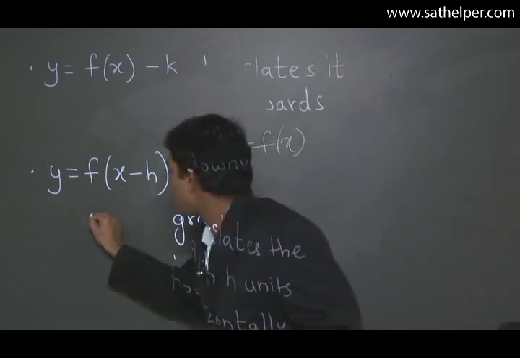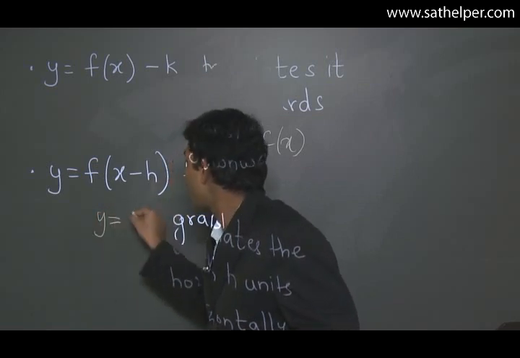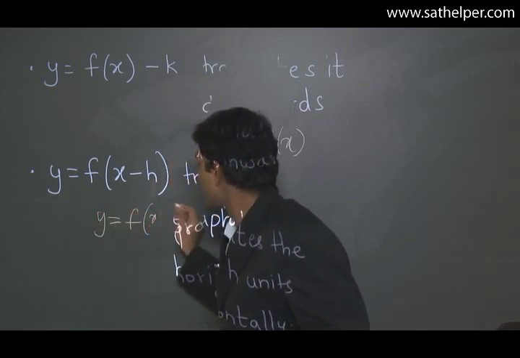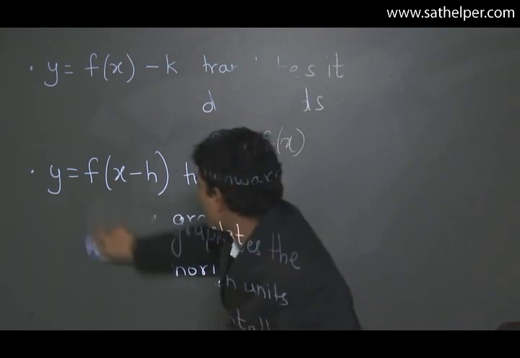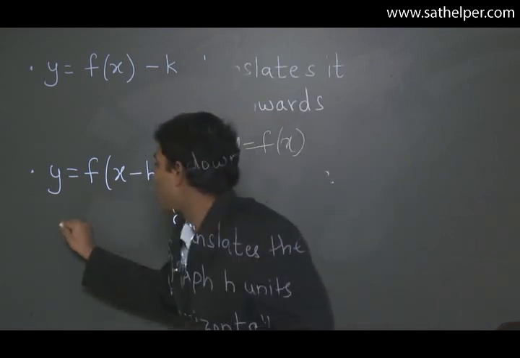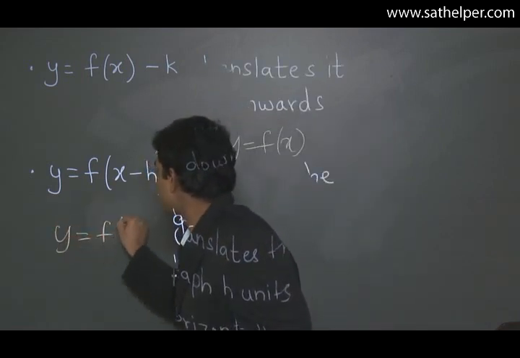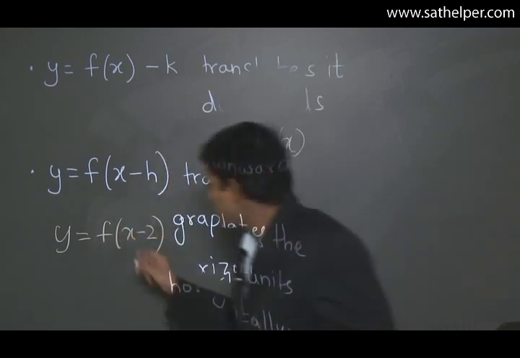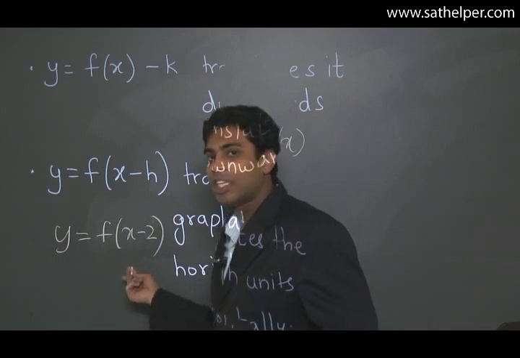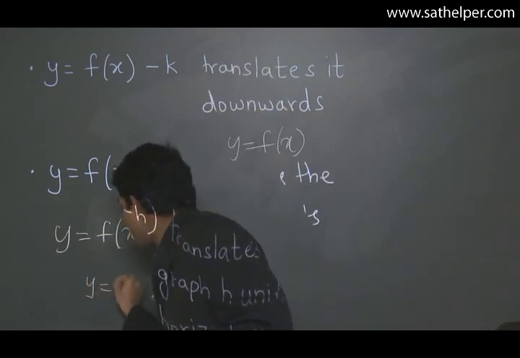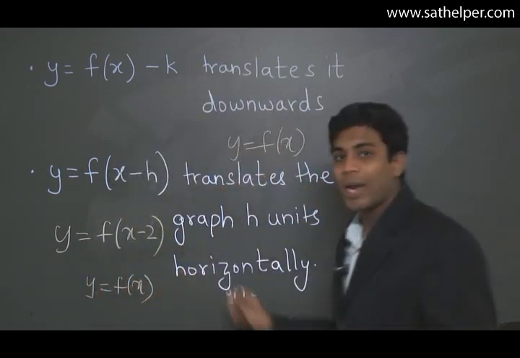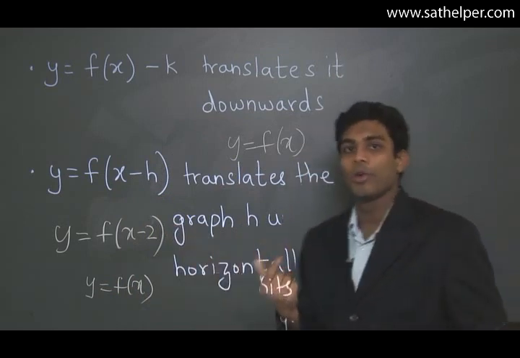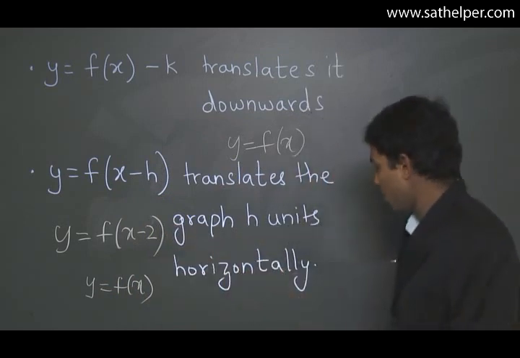If you subtract a positive element from the argument, for example, if you have y equal to f of x minus 2, this 2 is inside the argument. Then the graph of this function would just be the graph of the function y equal to f of x, but translated to the right by 2 units on the x-axis.